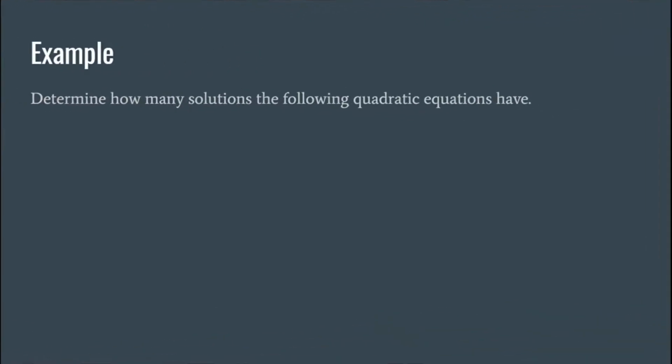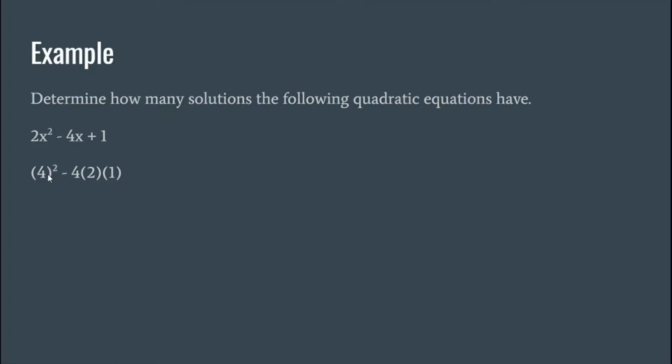Okay, so let's go through a few examples here. We're going to see how many possible solutions these equations have. So here's our first one. If you recall, standard form of a quadratic equation was ax squared plus bx plus c. Here I'm omitting the negative because you're going to square it, so it doesn't really matter.